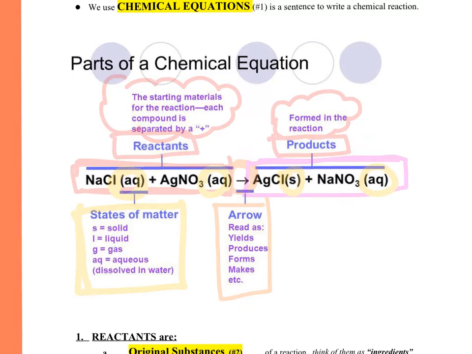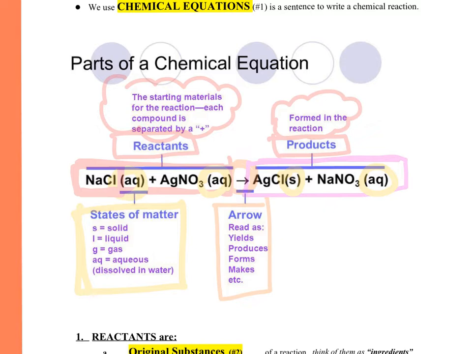So if we look at our first compound, NaCl, right here, in parentheses, it says the state of NaCl is aqueous, plus AgNO3, and the state is aqueous.